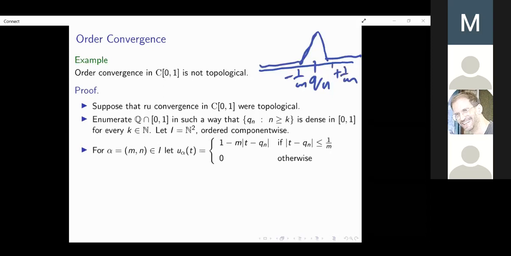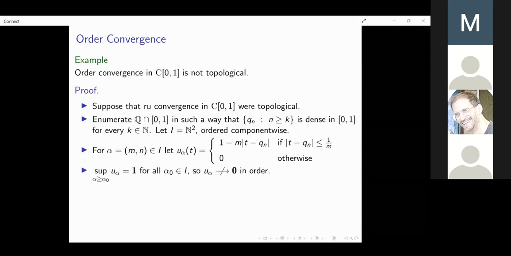Now this tent function grows narrower as m goes to infinity, and it moves around the unit interval. Because of the way we've enumerated the rational numbers, so that any cofinite subset of them is dense in the unit interval, the supremum of u_alpha for alpha greater than or equal to alpha_0 is always the constant 1 function, and therefore this net does not order converge to 0.